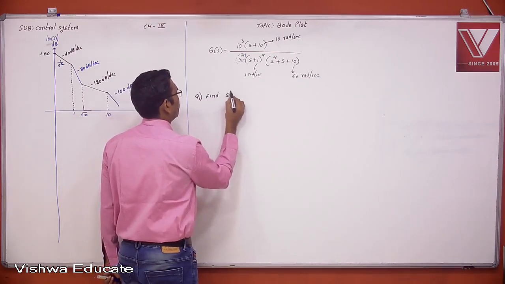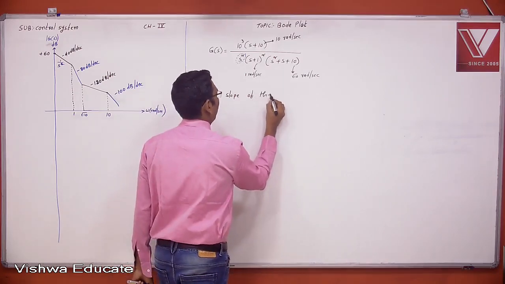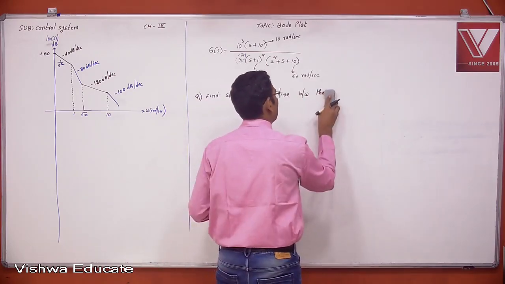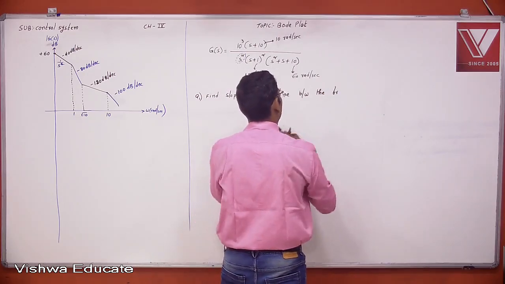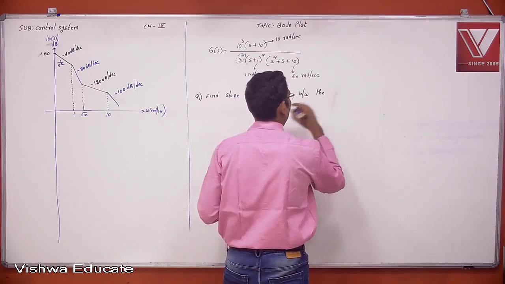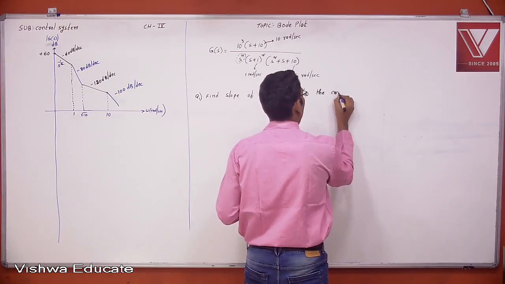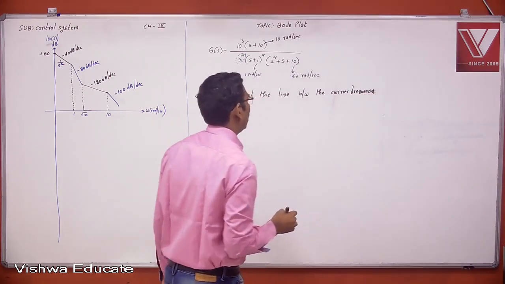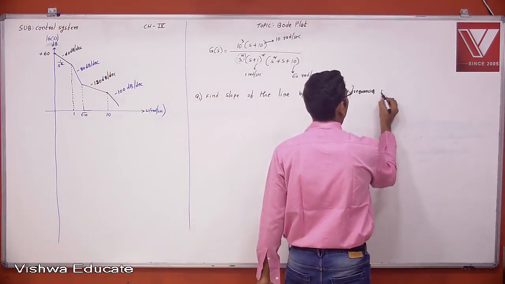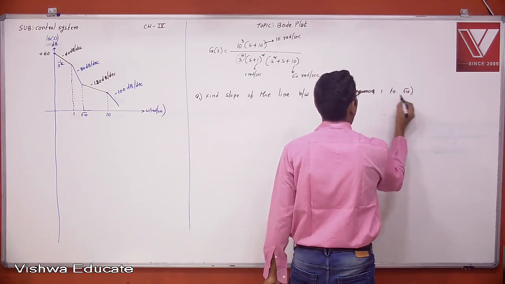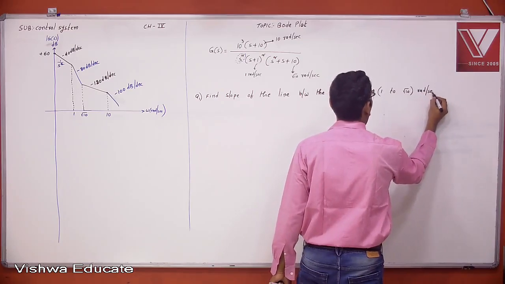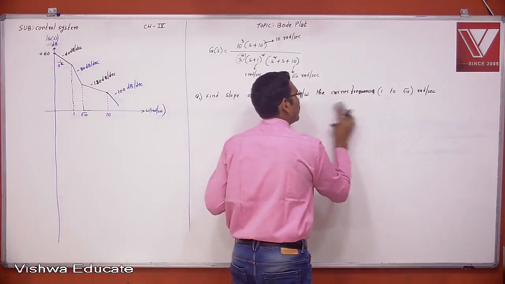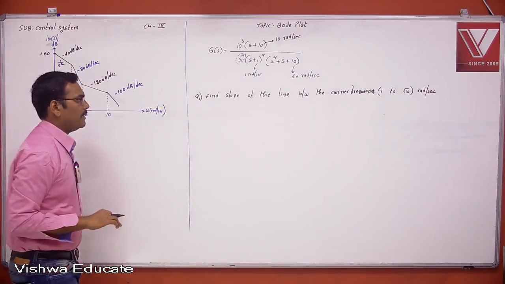Find the slope of the line between the corner frequencies 1 to root 10 radians per second.